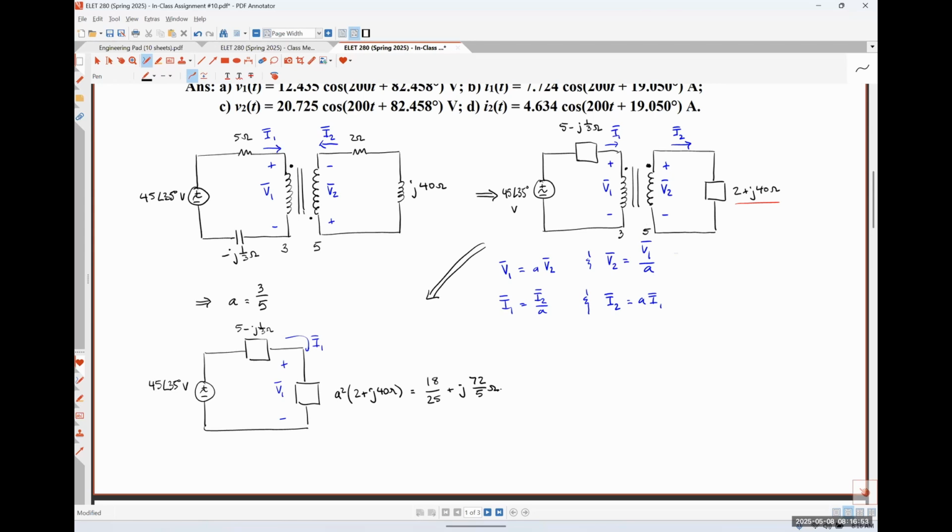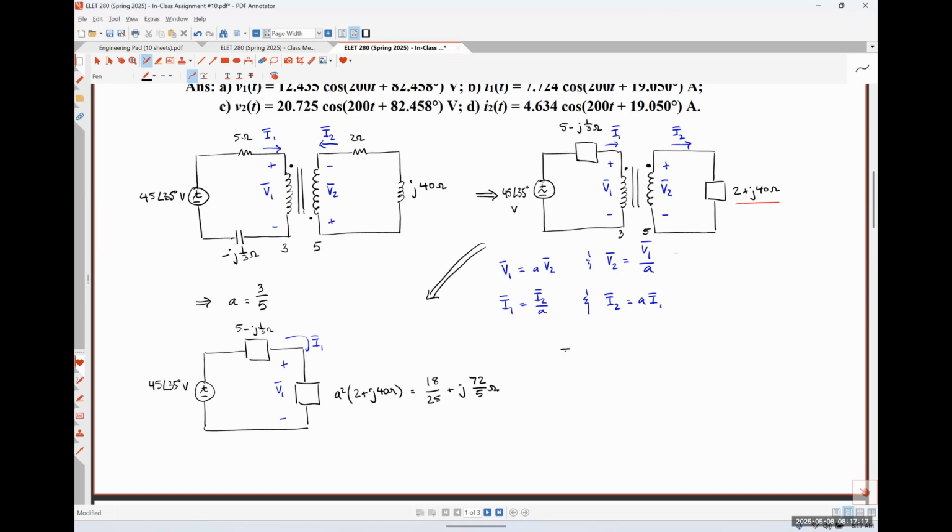So now, how can I analyze this circuit and find either V1 or I1? Because once I know one of them, I can get the other one very easily, just using Ohm's law. Absolutely.